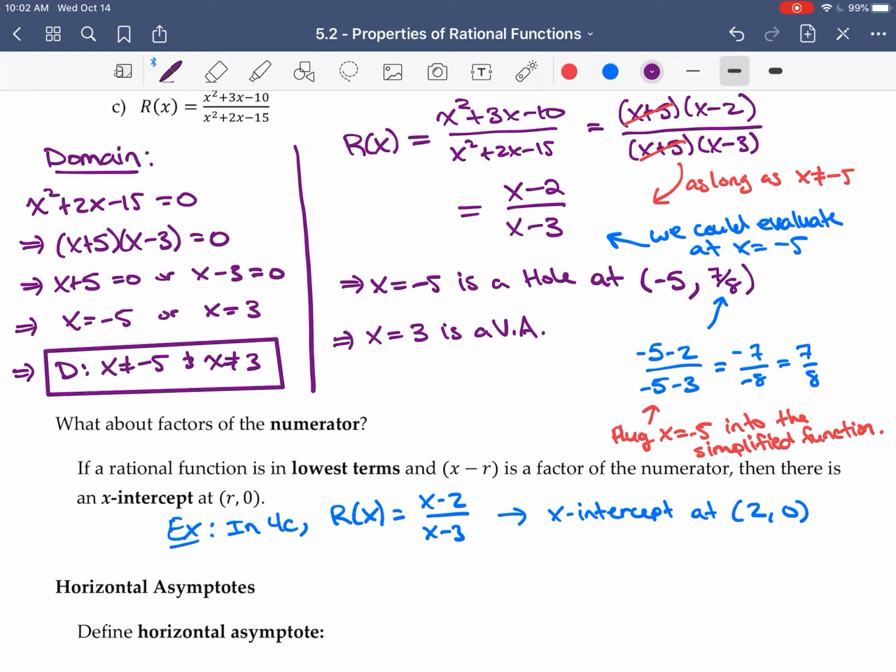That's when the top is 0. This x-intercept makes the top of my function equal to 0. So when you have a fraction and the top is 0, that's when you get equals to 0. When the bottom is 0, that's when you get something undefined.